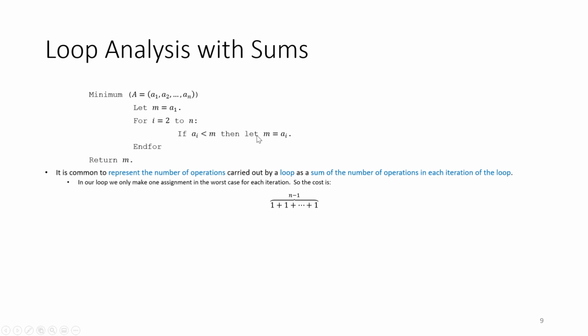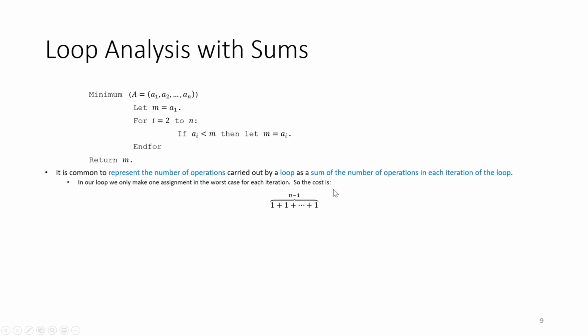That gives it n minus 1 opportunities to carry this out. If we assume we're in the worst case, where every time we hit this branch, this if statement, we do indeed carry it out, then n minus 1 is sort of the exact number we would carry out. Or we can think of it as an upper bound, the most number of assignment operations that we might actually carry out by this loop.